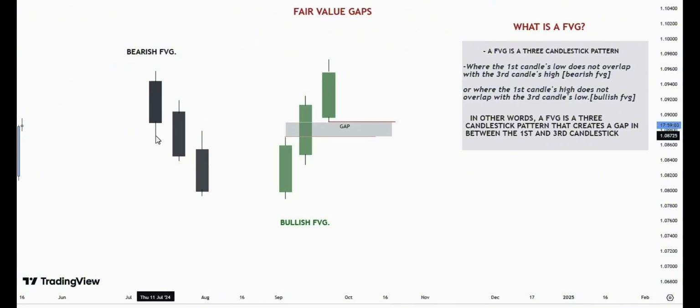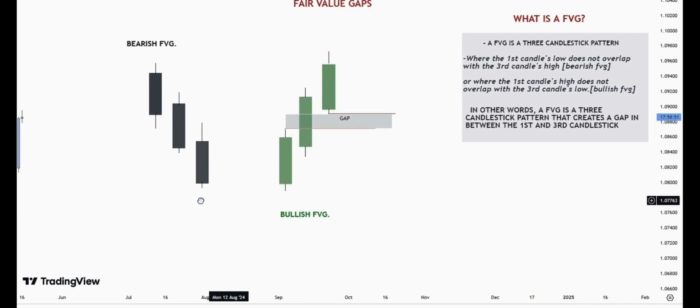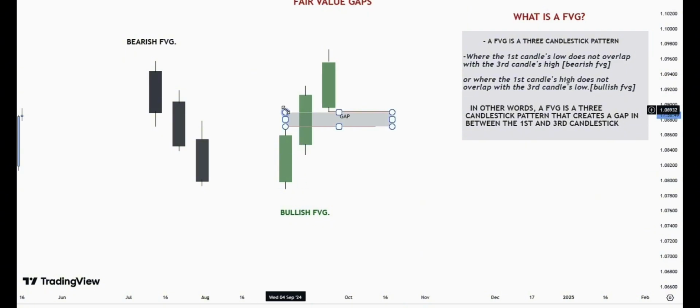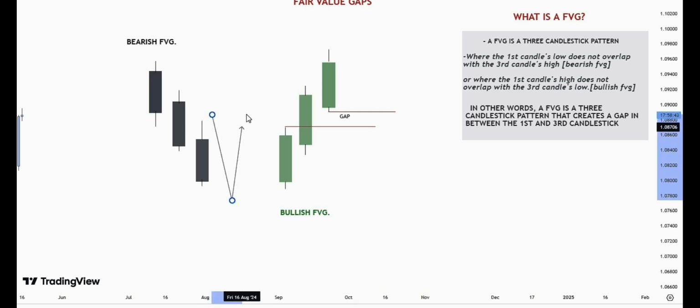You just mark your low to the third candle's low. You can see that there is no gap, there is no inefficiency or imbalance. It's an efficient price action. Same thing if we are bullish. So since there is no gap, there is no reason for price to come back here. Price will continue going lower till it creates a new gap again.